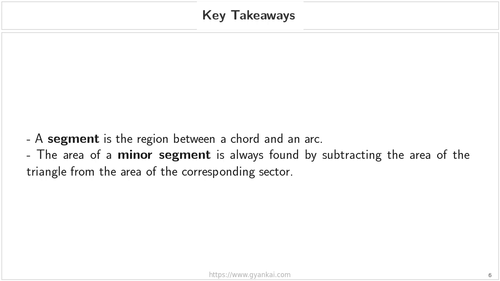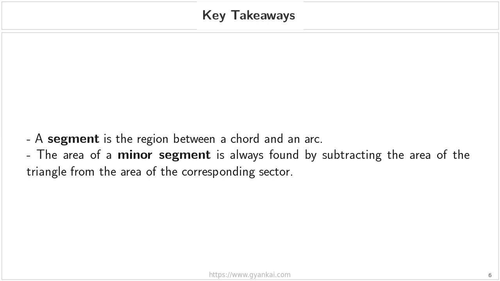Key takeaways. First, let's reinforce our definition. Remember that a segment is simply that specific region of a circle trapped between a chord and its corresponding arc. As we worked through our step-by-step derivation and our window example earlier, the most important strategy to remember is this.